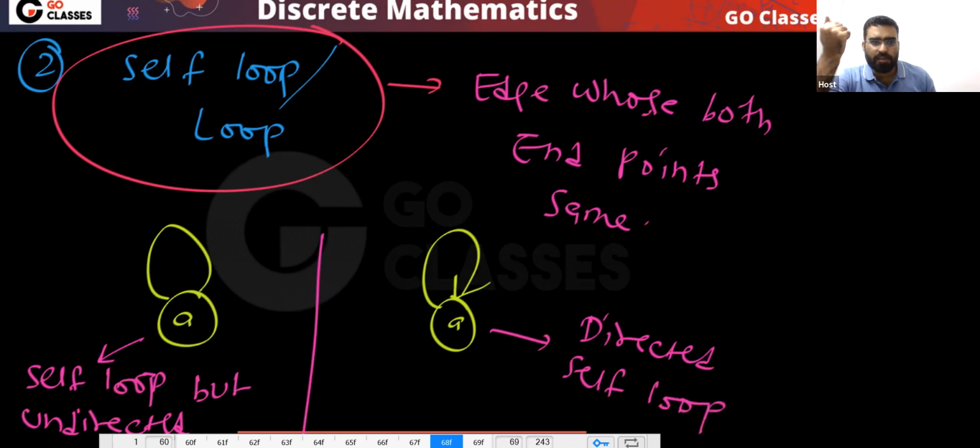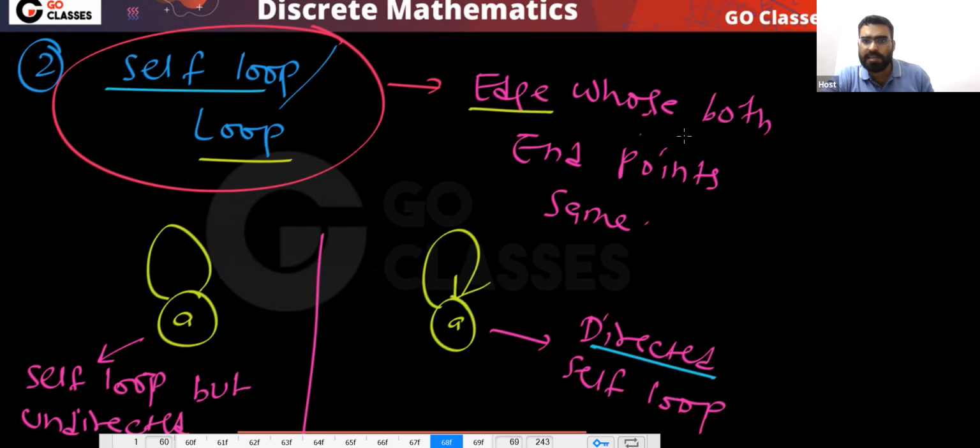Basically, this type of edge will be used in a directed graph, and in an undirected graph we write this type of self loop. The definition is very simple. A self loop, or loop, means an edge whose both endpoints are the same. This type of edge is called a self loop.